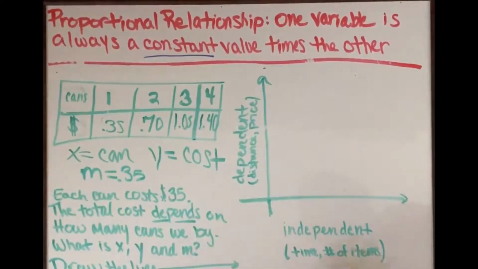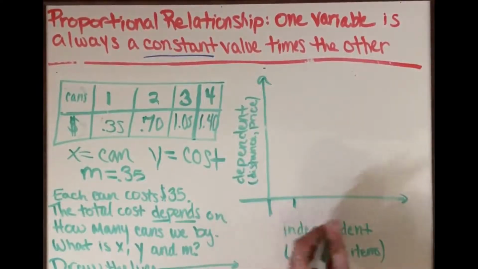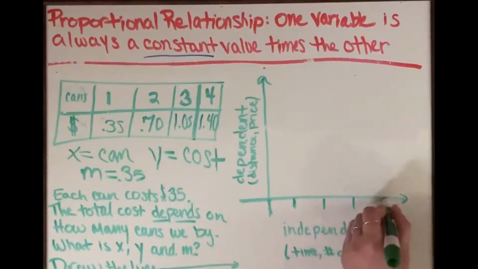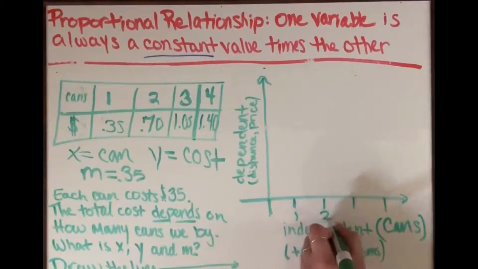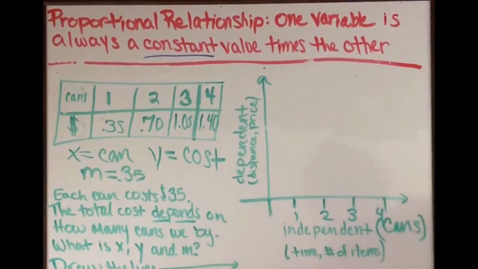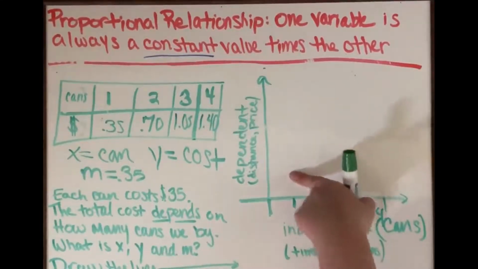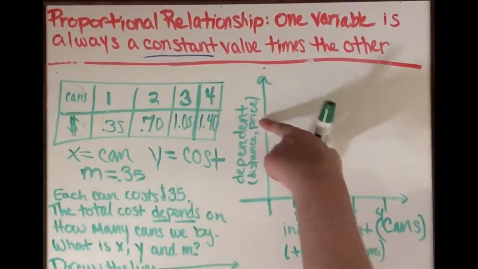So now, using what we have here in this chart and the cans in our cart, we know that x is the independent variable, number of items, so x in terms of cans, we'll have 1, 2, 3, 4. Our dependent variable is the total price, right?